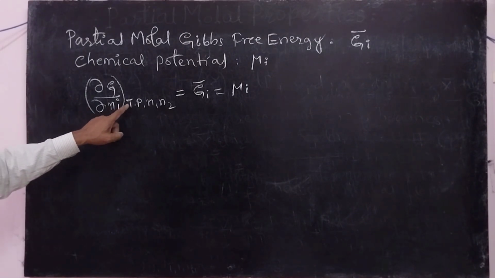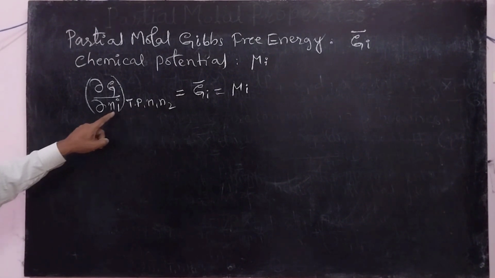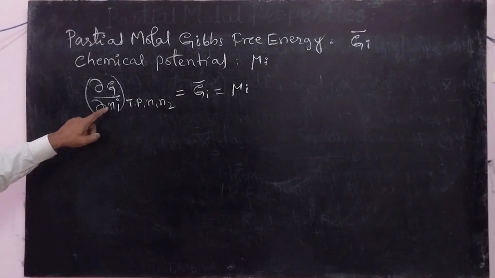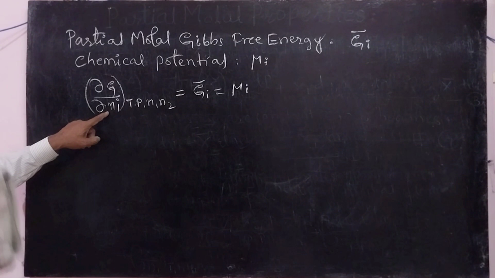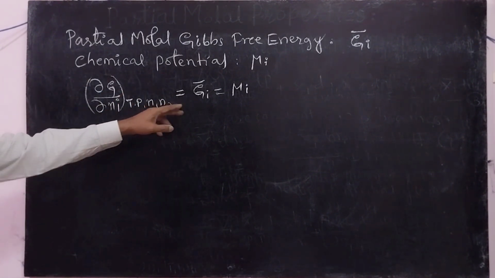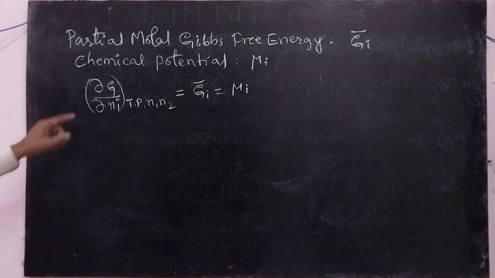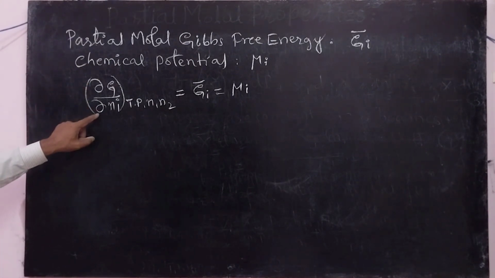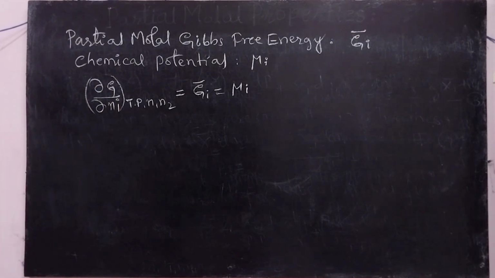Okay, when the concentration of, that is, when an infinitesimally small amount of the component i is added to a system, this is 1 mole, 2 mole, etc. It means we may define it as the ratio when this is an infinitesimally small amount.